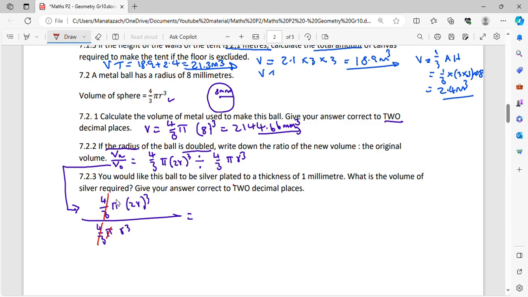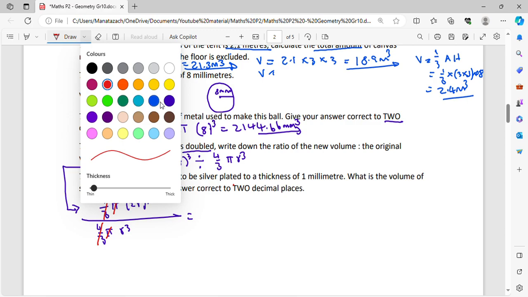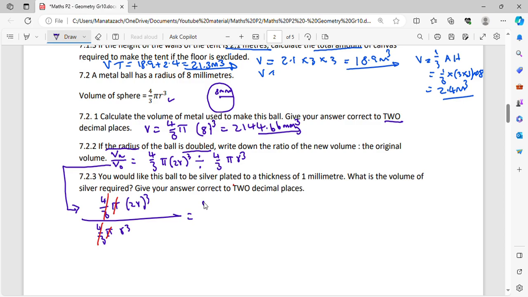A pi and a pi will divide each other. Then you'll be left with 2r cubed, which is 8r cubed, divided by r cubed. So the ratio is 8. Alright, so that's question 7.2.2.